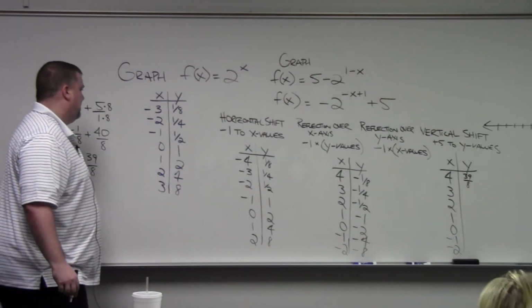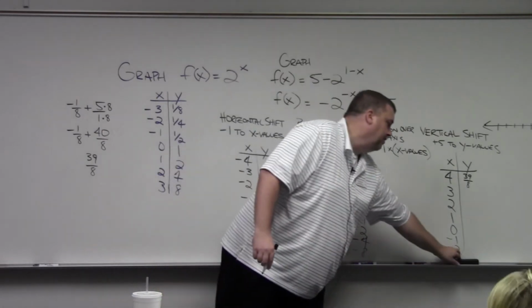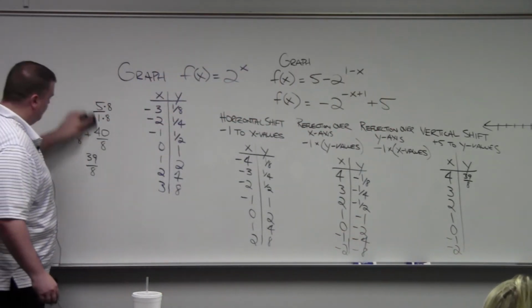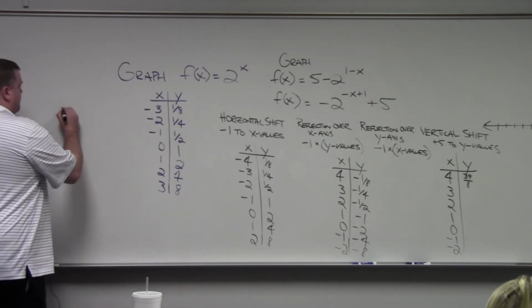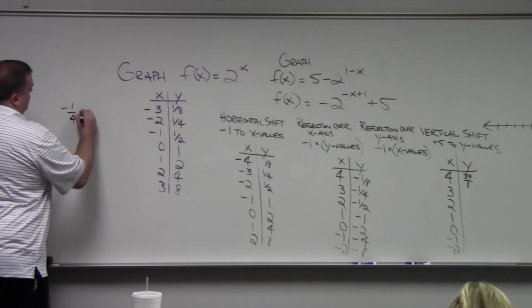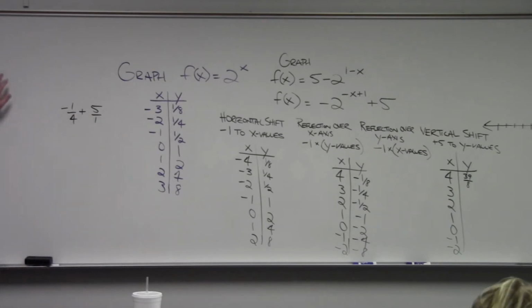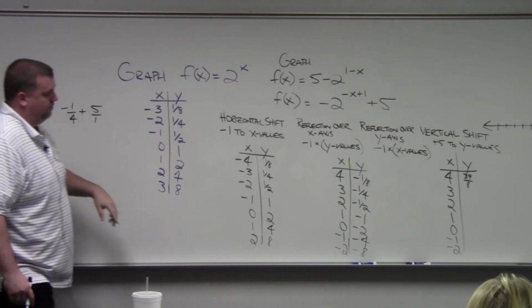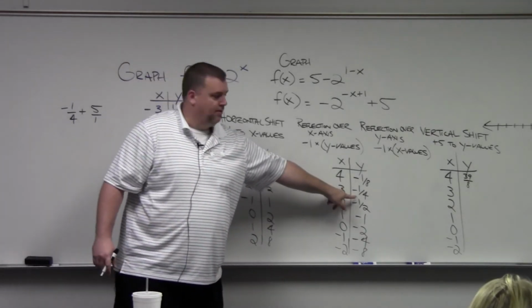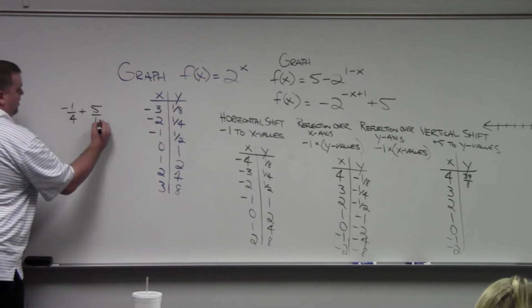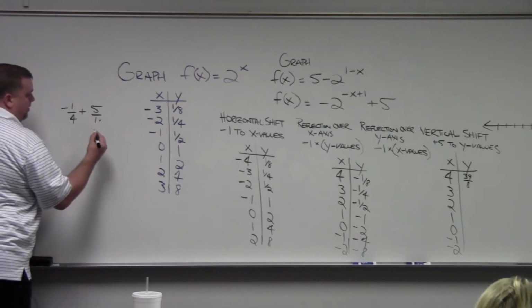The next one, we're taking -1/4 and adding 5. Yes. This -1/4 right here. So -1/4 plus 5. What would our common denominator for that one be?